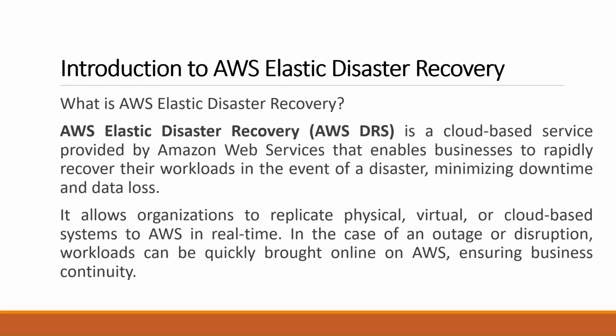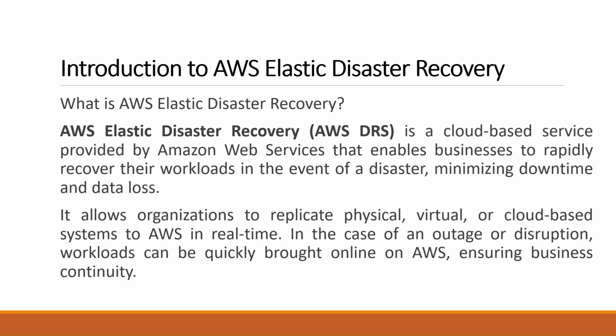It allows organizations to replicate a physical, virtual, or cloud-based system to AWS in real time. So in the case of an outage or disruption, workloads can be quickly brought online on AWS, ensuring business continuity.